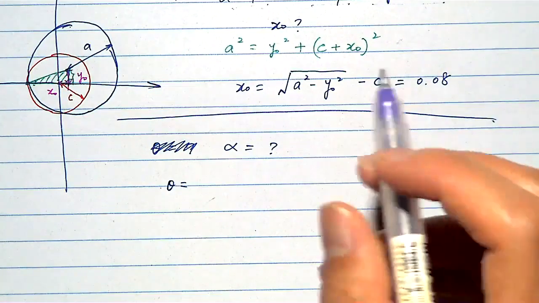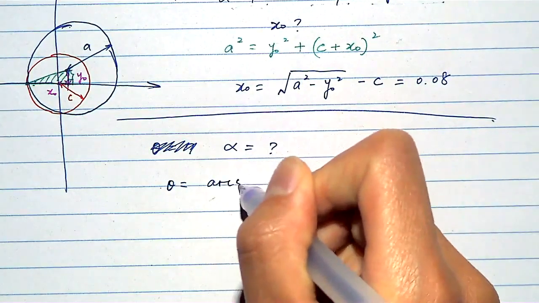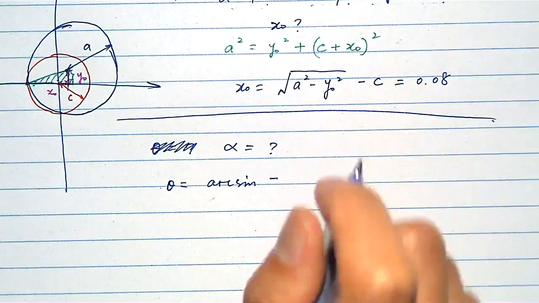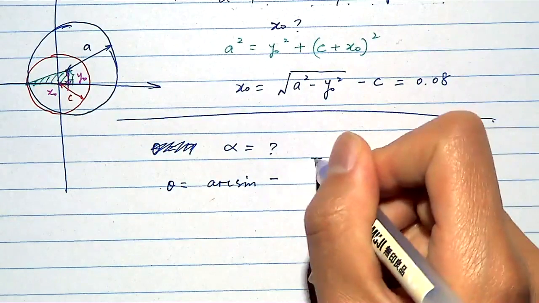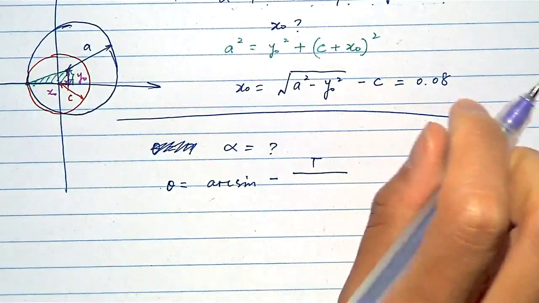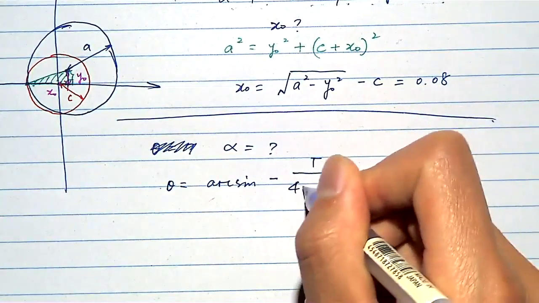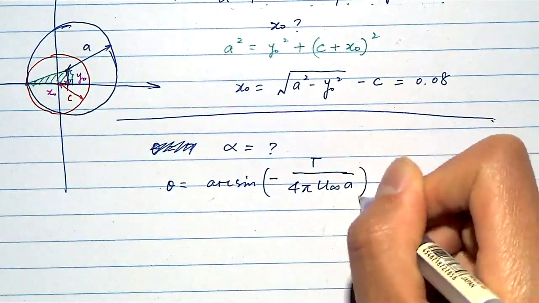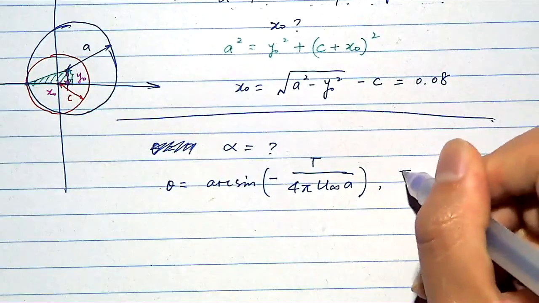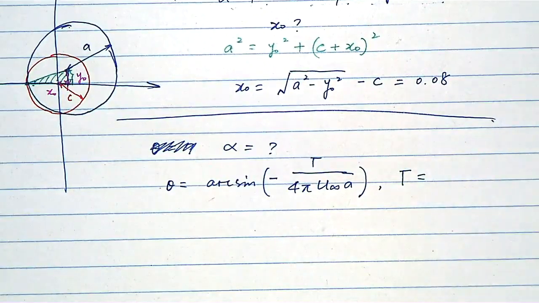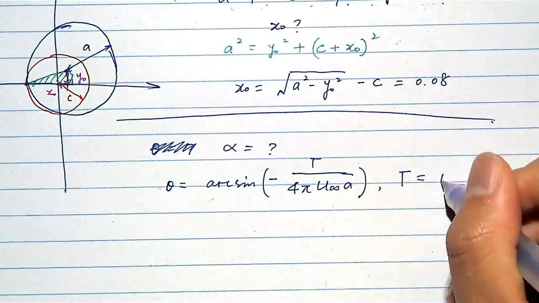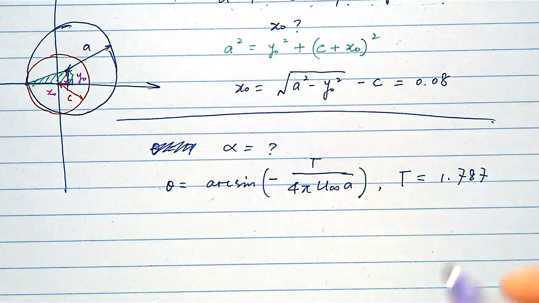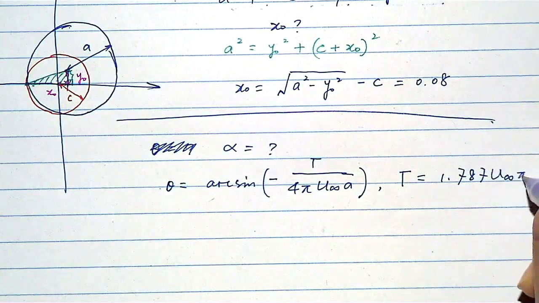Theta is arc sine of minus gamma divided by 4 pi u infinity times a. And we also know the circulation given to us in the question is 1.787 u infinity pi a.